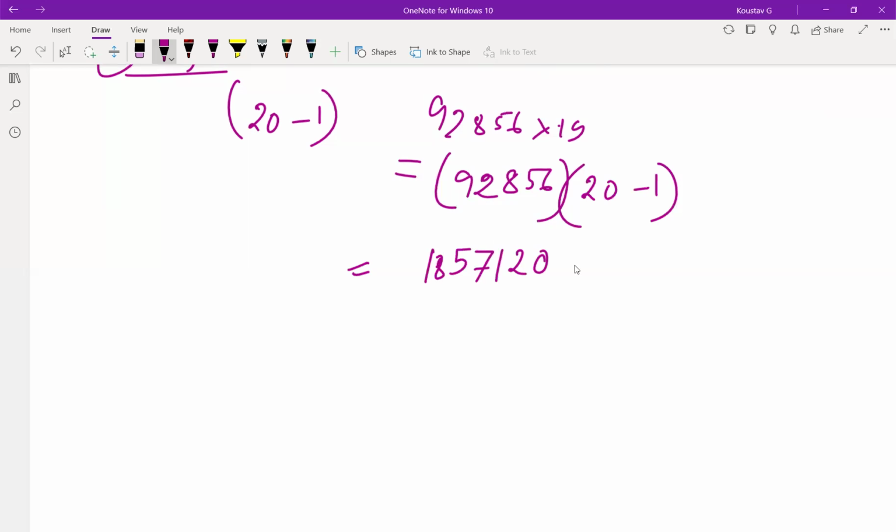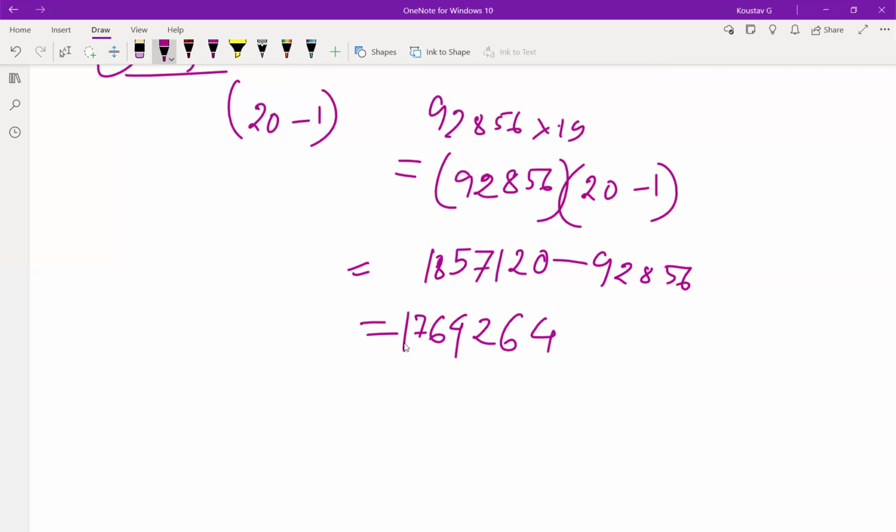Then subtract 92856. What will you get? The last digit is 4, then 6, then 2, then 4, then 6, then 7, then 1. So 1764264. In that way, you can simplify.